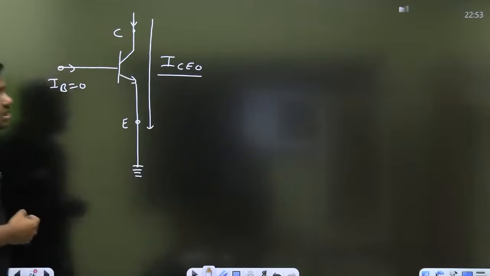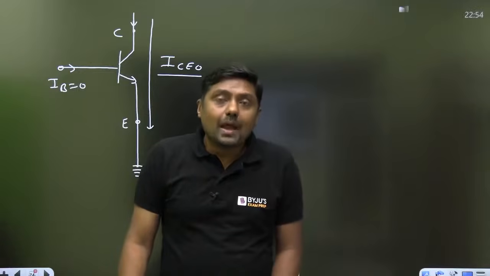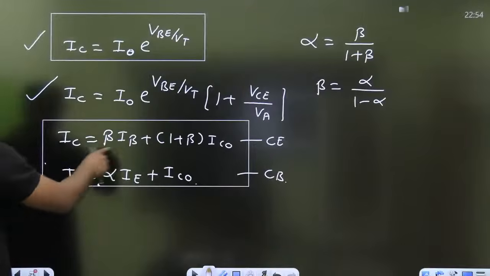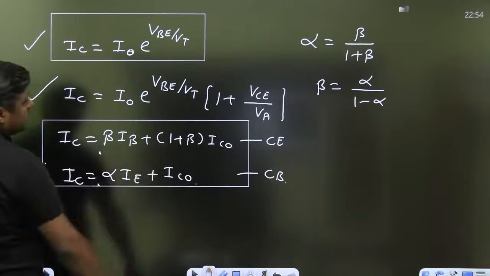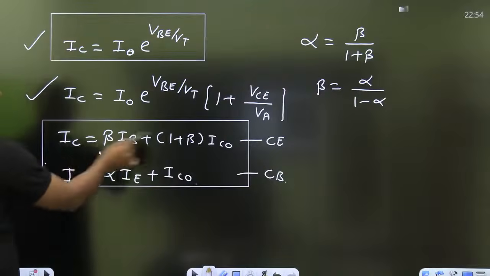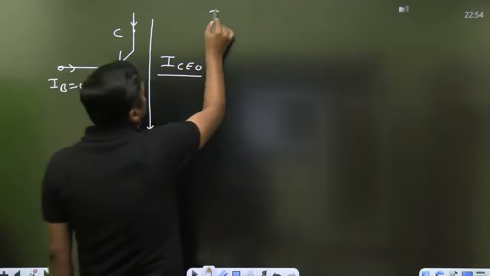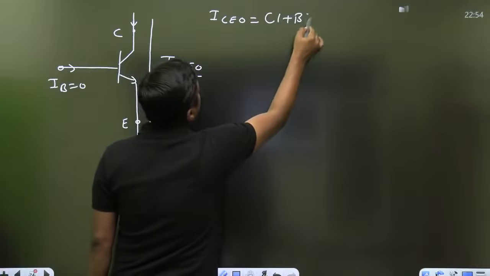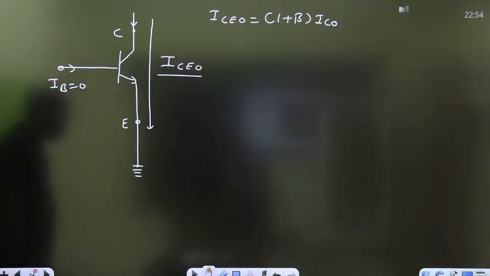ICEO is the current from collector to emitter when base is open. So when we make the base open, IB becomes 0, and that is nothing but 1 plus beta times ICO. So this is nothing but ICEO. From this formula, you can say ICEO is nothing but 1 plus beta times ICO.